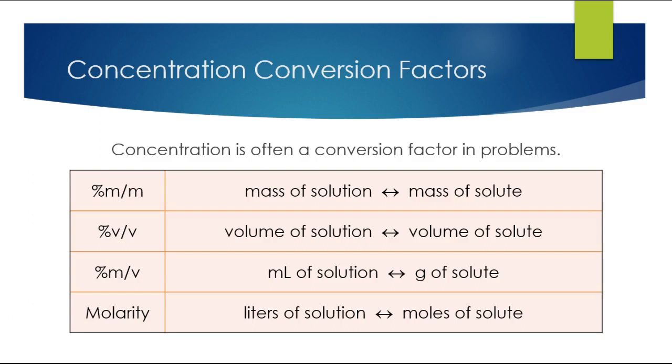The volume percentage can be used to convert between the volume of solution and the volume of solute. The percent mass volume can convert between milliliters of solution and grams of solute. And finally, molarity can convert between liters of solution and moles of solute.